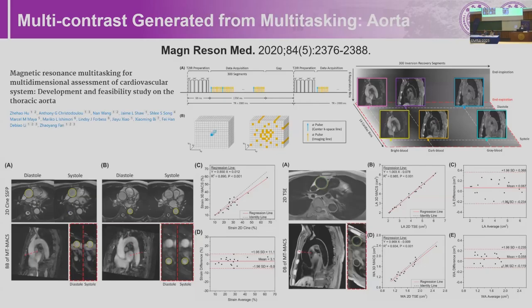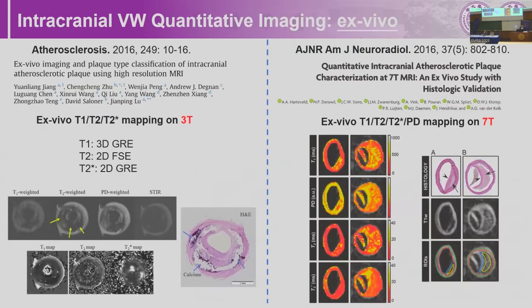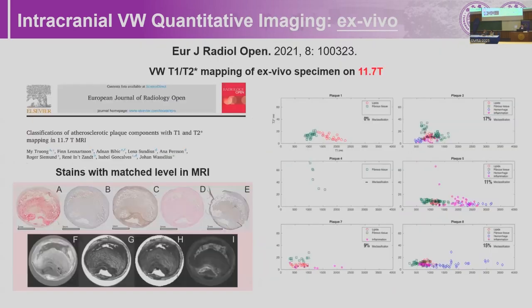Similarly, the multitasking technique can do a pretty similar thing, but this paper is for the aorta. It's another vascular bed. And for intracranial vessel wall quantitative imaging, almost 10 years ago, a lot of studies on 3T or 7T or even higher, 11.5, 7T, all did ex vivo imaging, and they found that the intracranial plaque also has a lot of composition.